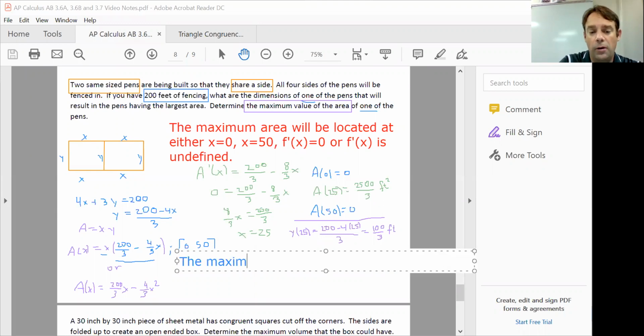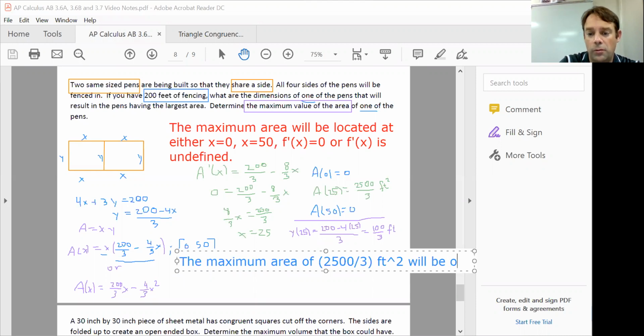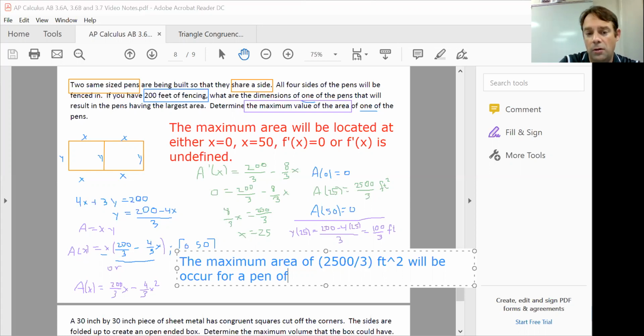The maximum area of 2,500 feet squared will occur for a pen of 25 feet by 100 over 3 feet.